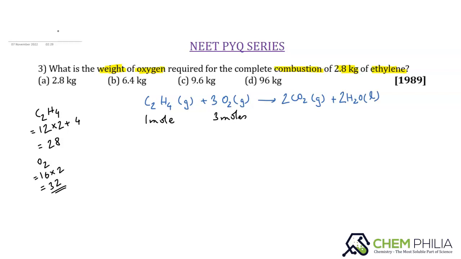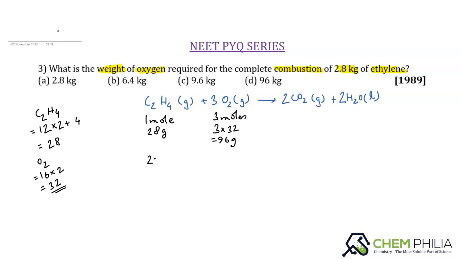So here we can say that 28 gram of ethylene is reacting with 3 into 32, that is 96 gram of oxygen. So 28 gram of ethylene is combusted by 96 gram of oxygen.